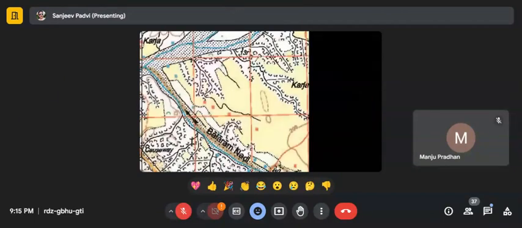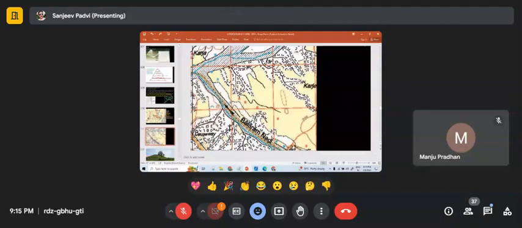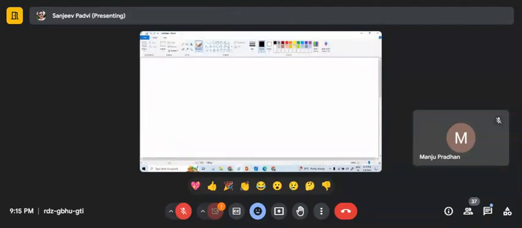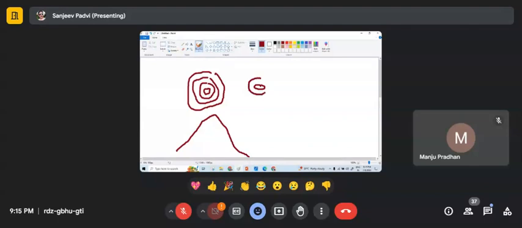Now look here at some more interesting points. What will be this? A conical hill. Okay, so this one will be seen somewhat like this. Correct? Now, suppose here is another conical hill.